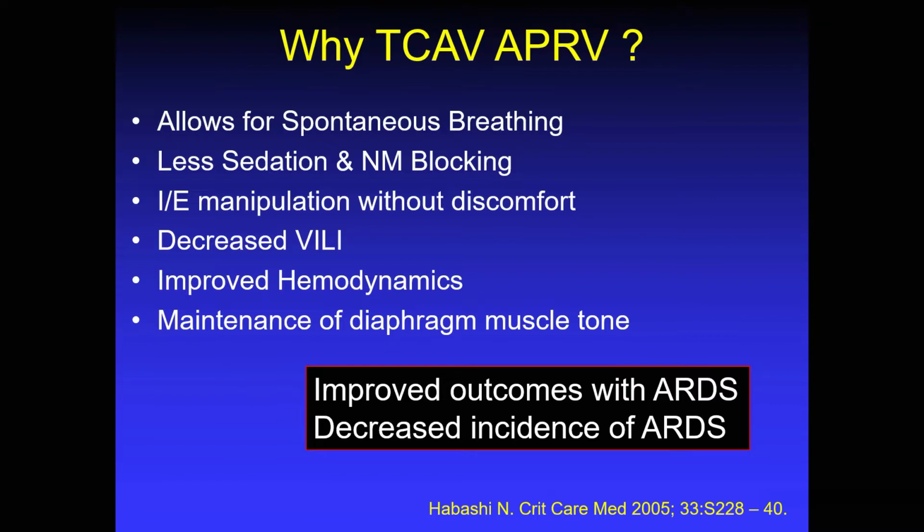Decreased ventilator-induced lung injury, which occurs as a result of that and other components of APRV. Improved hemodynamics, as well as maintenance of diaphragm and muscle tone. And at least in trauma patients, this has been demonstrated to lead to improved outcomes with ARDS and perhaps more compellingly, a decreased incidence of the occurrence of ARDS.